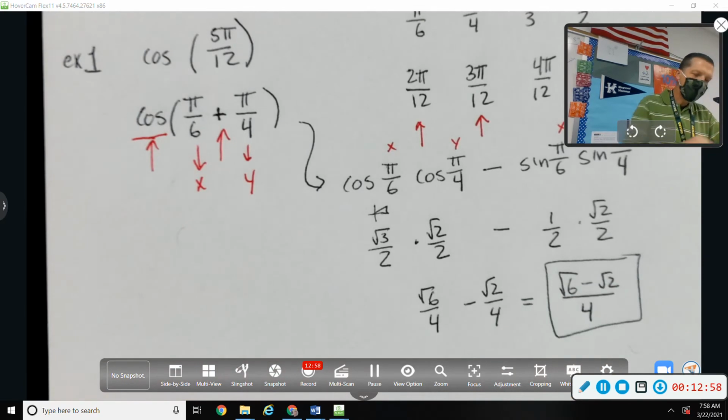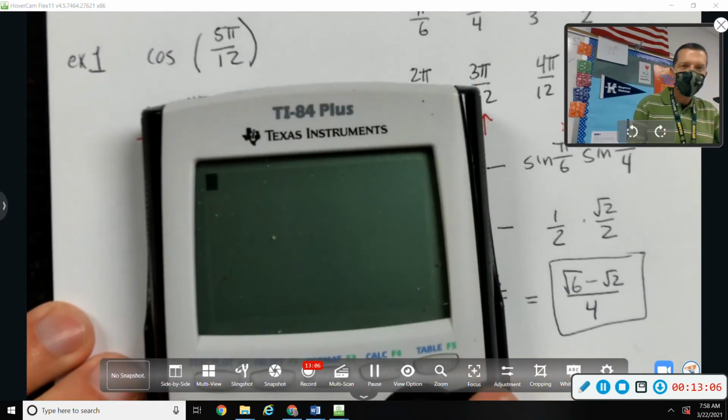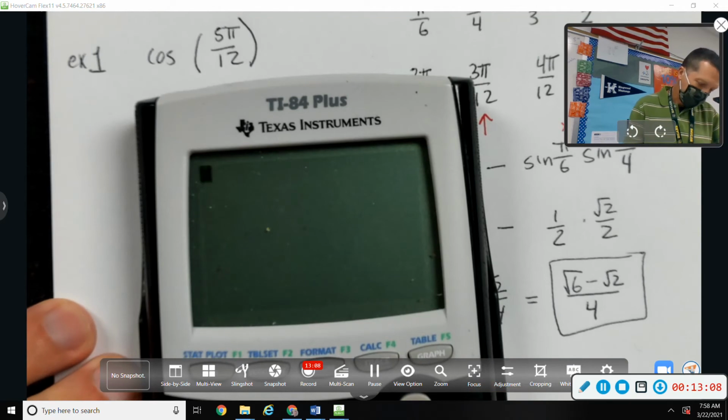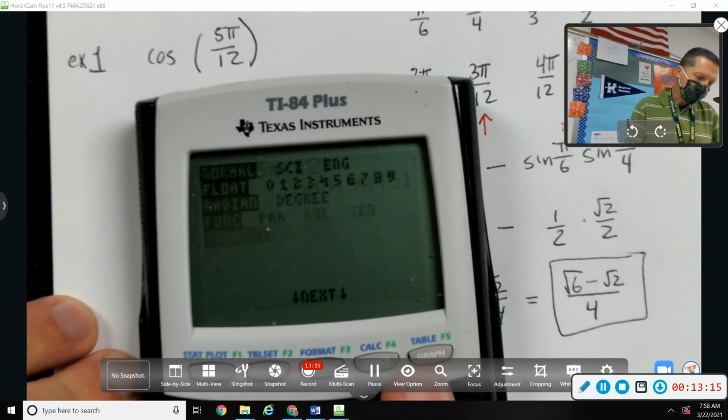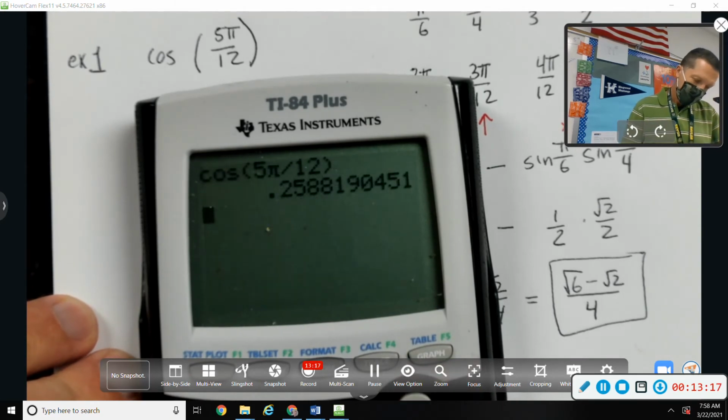So there's my answer. Now, this test will be no calculator, but while we're just practicing and learning, we could check to see if this is correct. So I'm only going to do this on this one, but cosine 5 pi over 12 is that ugly decimal. And then square root of 6 minus square root of 2, all divided by 4.